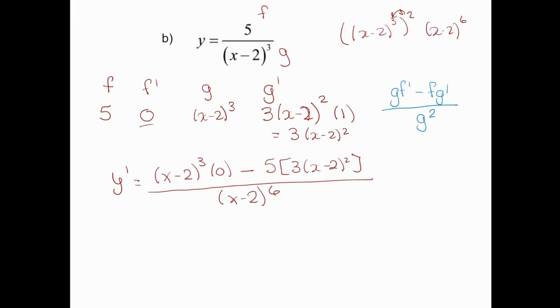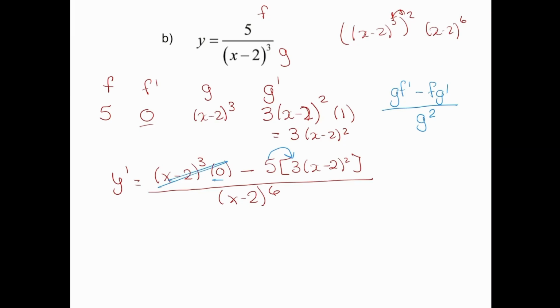Okay, so now let's see what we can eliminate, because there are some things. Anything times 0 is just 0, so we can get rid of that. Now I'm going to multiply this out to get rid of the bracket. I also can get rid of an x minus 2.